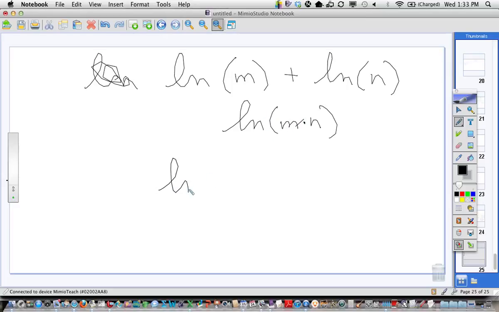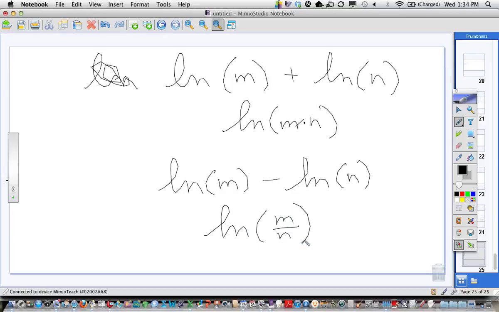And then if I'm subtracting them, that's the same as a divide. Like that. Okay? So we have that property where if we have a log with a power, we can bring the power down in front. And if we're adding two logs, it's a log of the product. If we're subtracting two logs, it's a log of the quotient. Okay? So those properties, along with the change of base and the switching between the two forms, should be enough to help you work those problems.